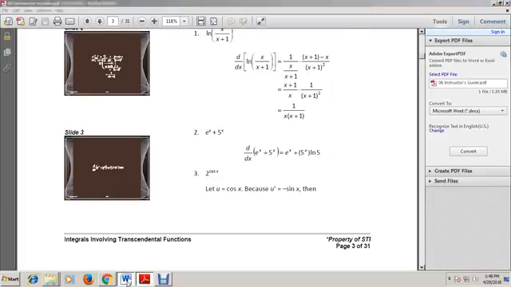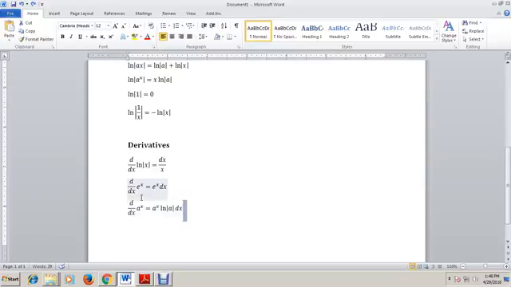Let us recall from your differential calculus that the derivative of e raised to x is e raised to x times the derivative of x. Also, the derivative of a raised to x, where a is a constant, is equal to a raised to x times ln of a times the derivative of x.